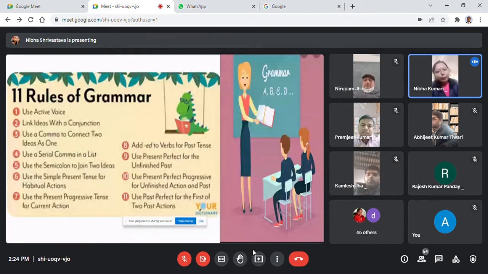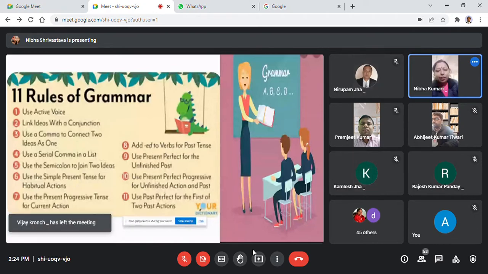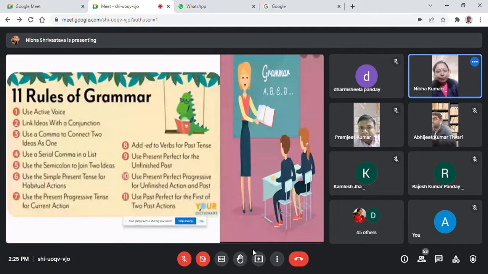Like, we have to inform that he is playing football, so we should say that, not just say that football is being played.